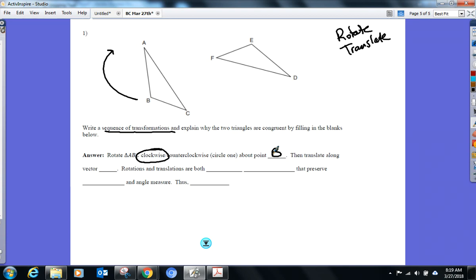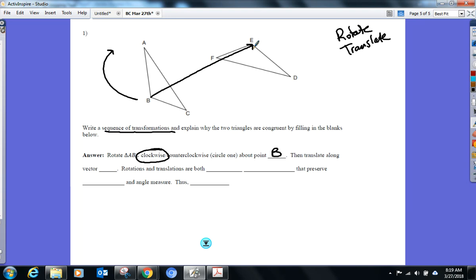If I rotate it around point B, then I would slide it along which vector now? If I turn this around point B, where's B got to match up with? E. So I want to slide it along which vector? Vector BE. If you pick point B, your vector's got to be BE.